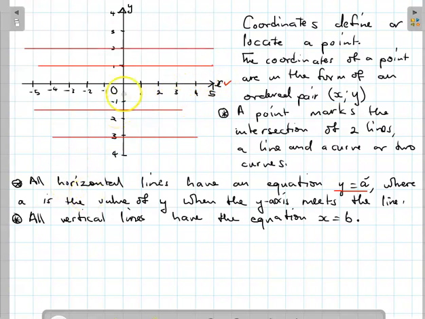So now let's explain this. If you look at this line, it cuts the y-axis at 1. So it means its equation is simply y equals 1. So automatically this is the line y equals 2. And this is the line y equals -1.5 because it's here.